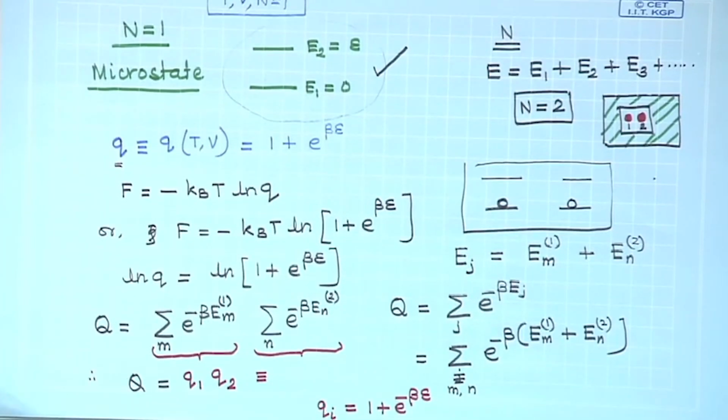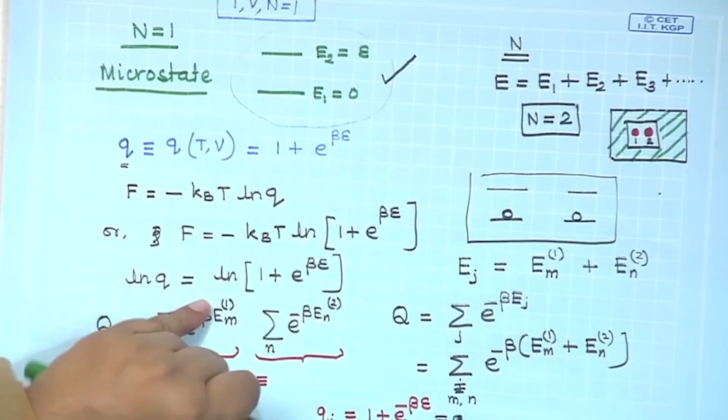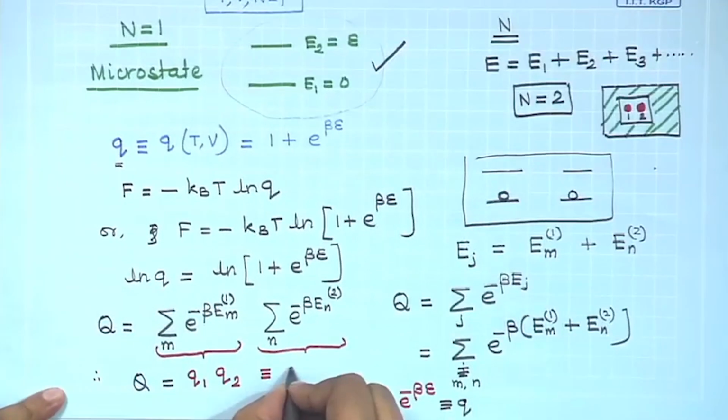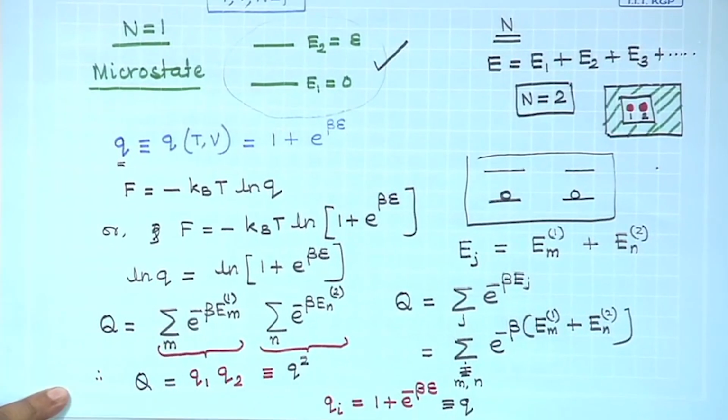As a result, capital Q becomes small q squared.